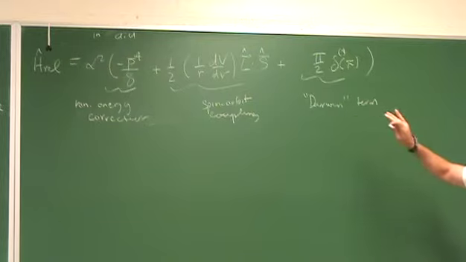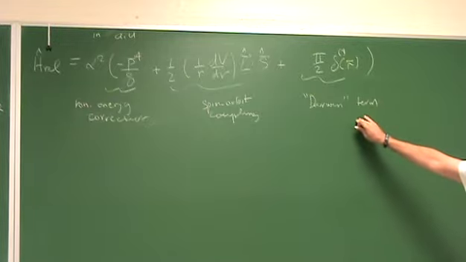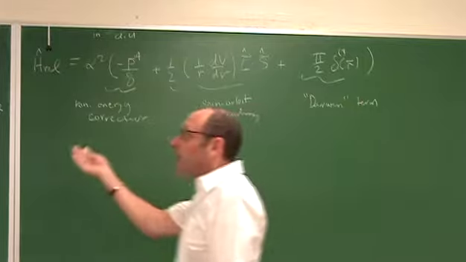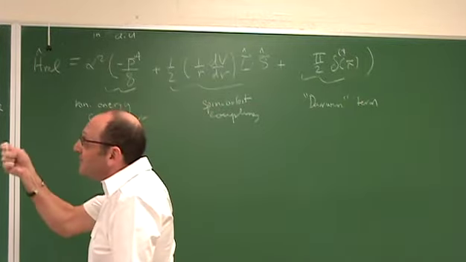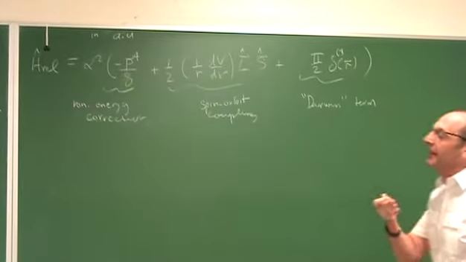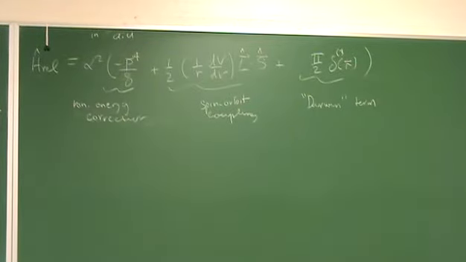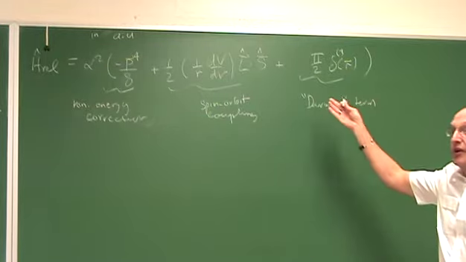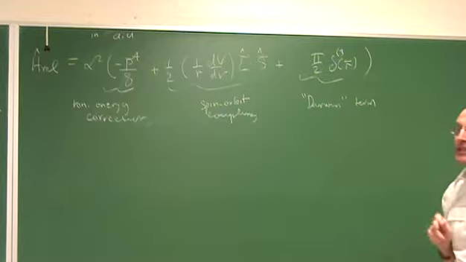This is a term that comes from the Zitterbewegung that's familiar in the Dirac equation, the fast jittering motion of the electron, which is really the fact that the electron and positron are coupled together. And this is the lowest order correction to that Zitterbewegung, and that gives rise to what's called the Darwin term.